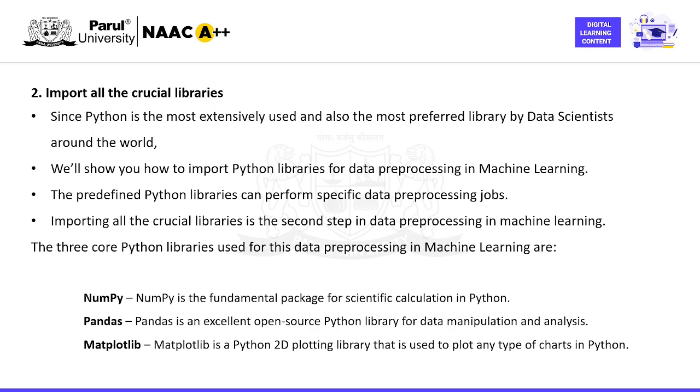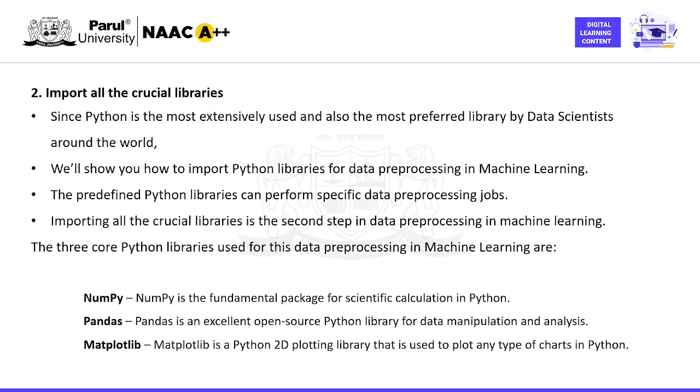The predefined Python libraries can perform specific data pre-processing jobs. There are so many libraries in Python which perform specific data pre-processing. There are basically three main libraries which are mainly imported in your machine learning model.